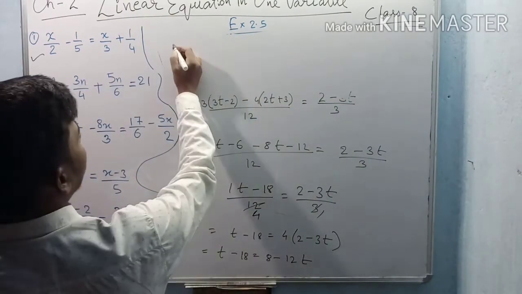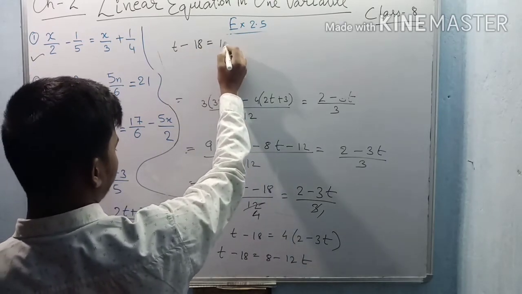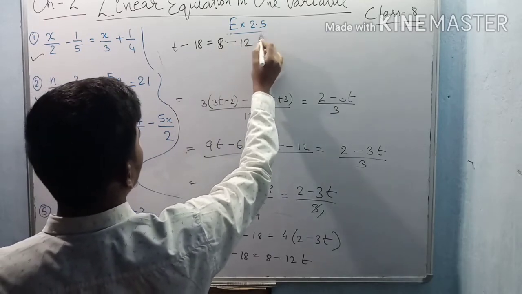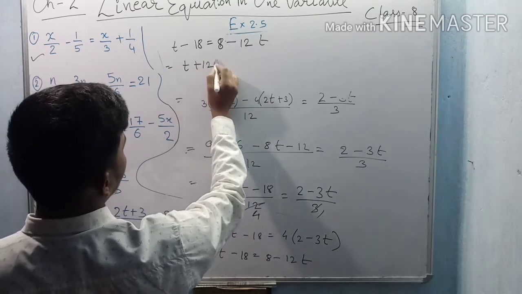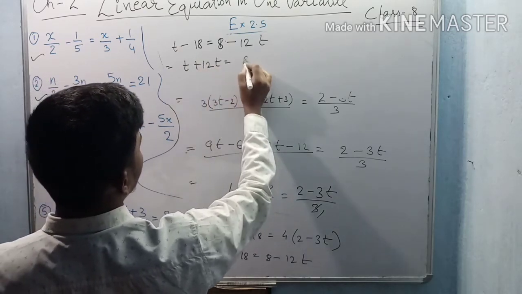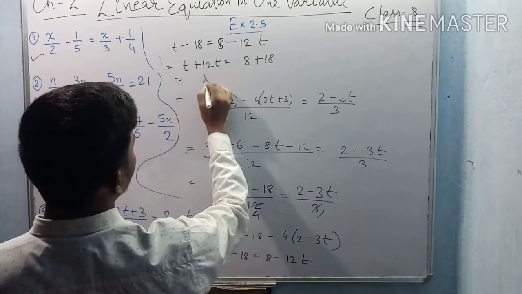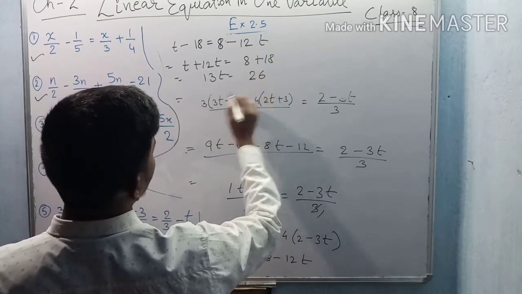See, t minus 18 equals 8 minus 12t. So t plus 12t equals 8 plus 18. So t plus 12t will be 13t, and 8 plus 18 is 26.